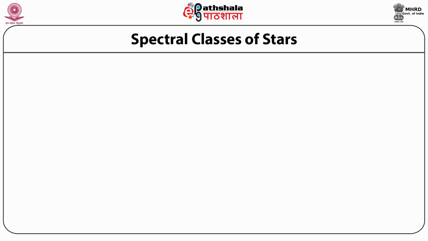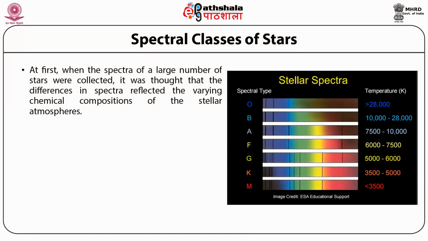Spectral classes of stars. At first, when the spectra of a large number of stars were collected, it was thought that the differences in spectra reflected the varying chemical compositions of the stellar atmospheres.